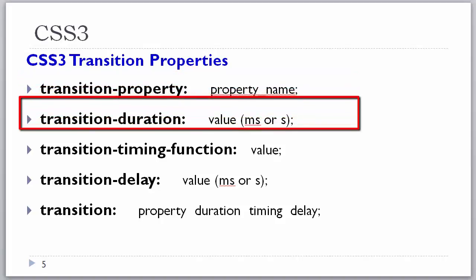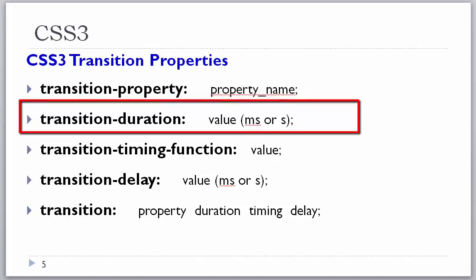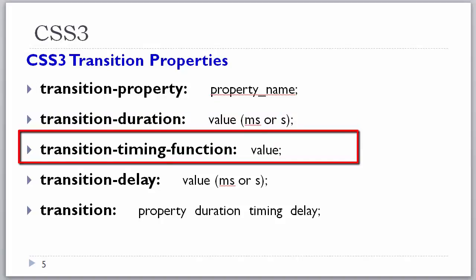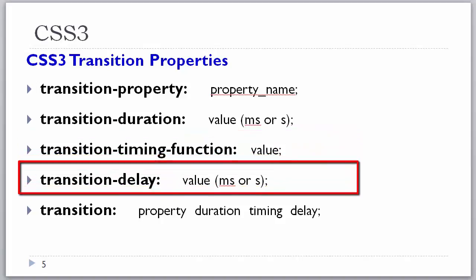The transition duration property would be set to a value, maybe 0.5 seconds or 2 seconds. The transition timing function, and there are set functions that we can call. Here again, the default is ease. The transition delay, here again, will take a unit of measure with respect to time.